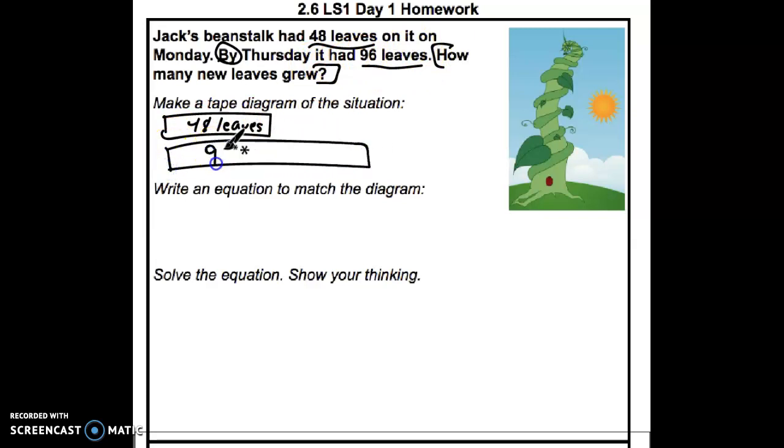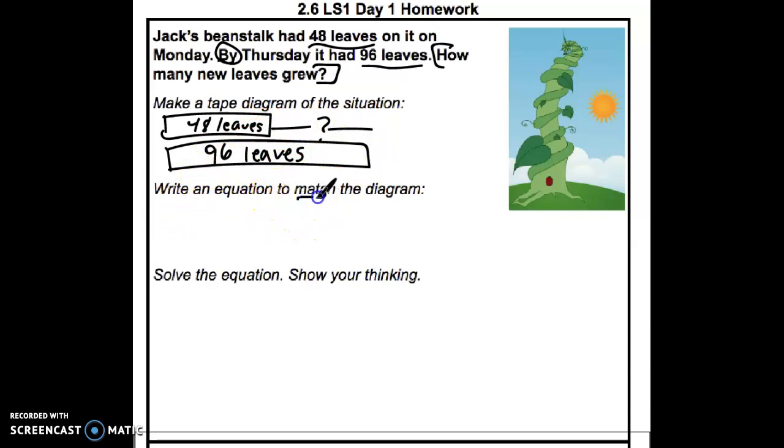So I'll do a rectangle that looks just like this. And then my unknown is this by. Here's Monday, here's Thursday, here's Tuesday and Wednesday. We don't know what happened during those 2 days. That's the unknown.